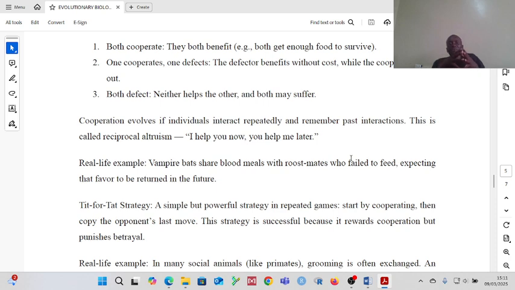So if they continue to interact and they remember that when we interacted this way yesterday, we had more benefits and very little cost, it will mean tomorrow when they meet again, they are likely to go the high benefit, low cost way. So that is reciprocal altruism, which says I help you now, you help me later.